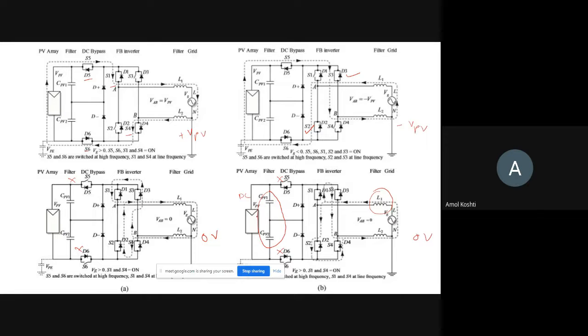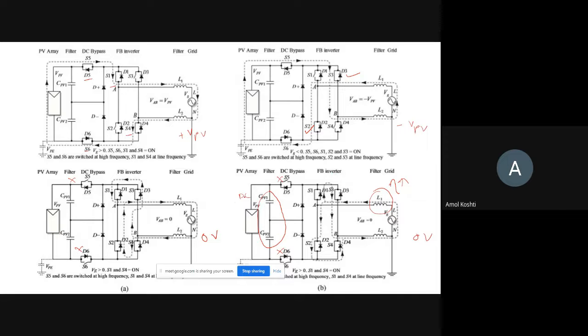So that is the reason the efficiency is increased. Because of turning off S5 and S6, that DC is bypassed, and the discharging part of this filtering circuit will be done through the four switches, that is S1, S2, S3, S4, and the freewheeling diodes. So that is how this DC is bypassed and the output is produced.